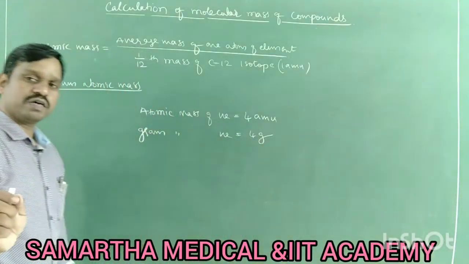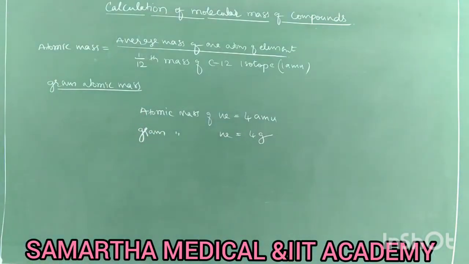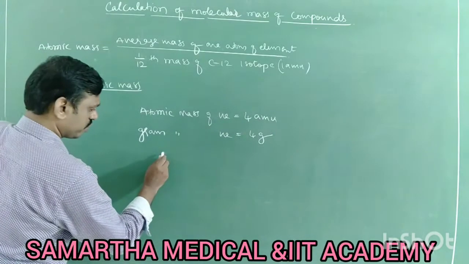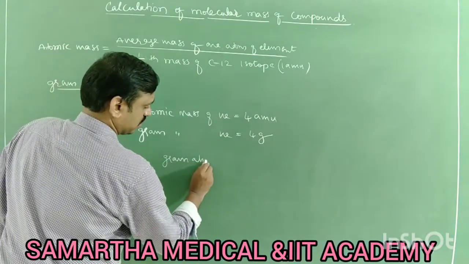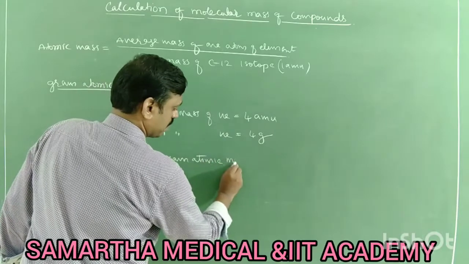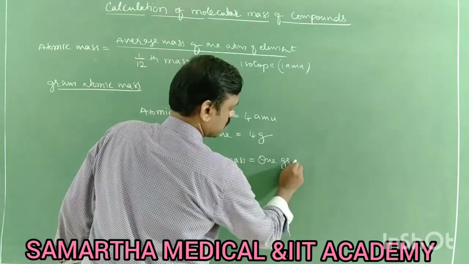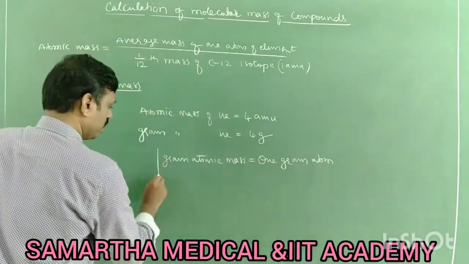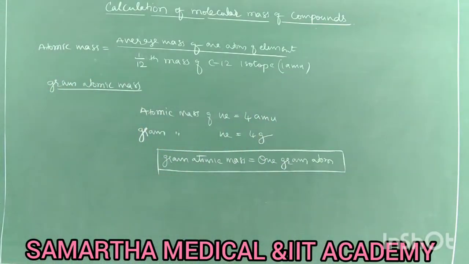Gram atomic mass should be expressed in grams, and it equals 1 gram atom. This we'll study later. You can write one point here: gram atomic mass equals 1 gram atom.